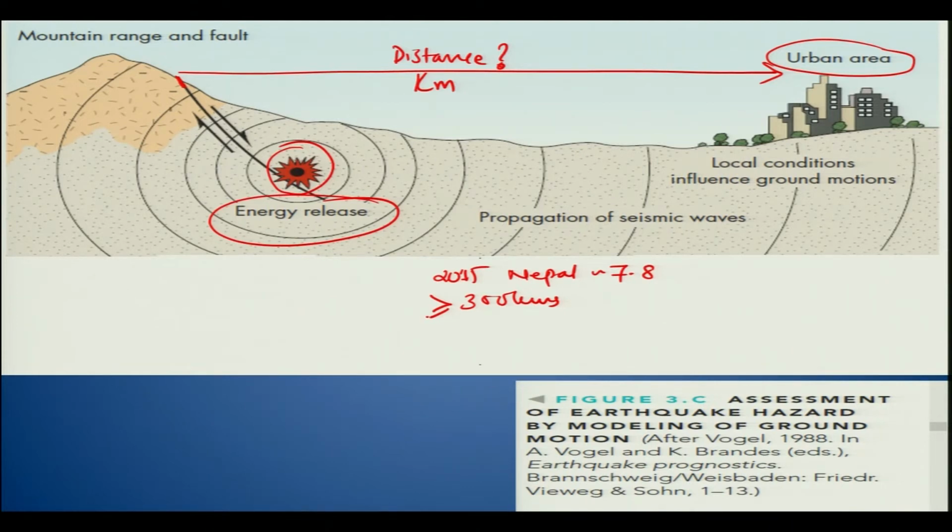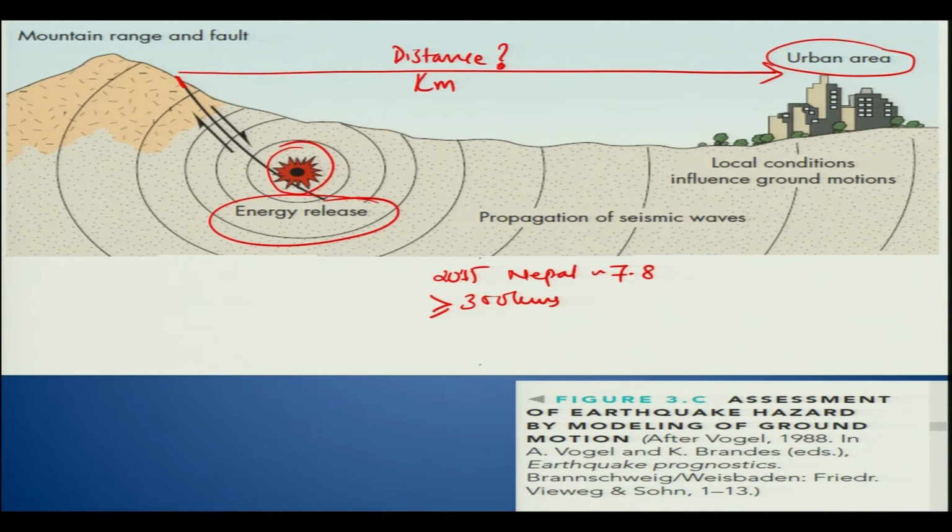Now, again it depends, because the propagation of the seismic wave will not differentiate between any boundaries of countries. There are no international boundaries. It will just move through the interior of the Earth as well as on the surface of the Earth. So local site condition is important, and you will be able to understand this when we talk about the seismic waves. So, local site conditions are important.